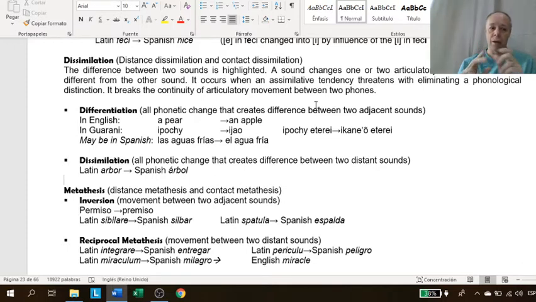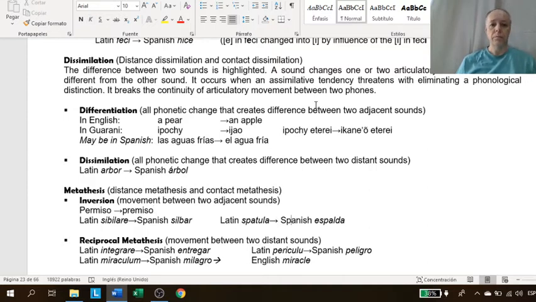Third concept, metathesis. Metathesis is the movement between two adjacent sounds. This is a very common phenomenon that happens when people speak. For example, some people say "premiso" instead of "permiso".